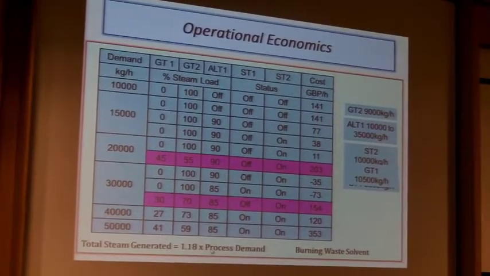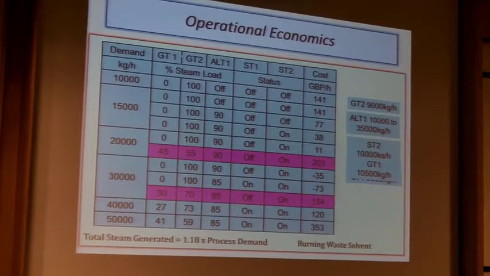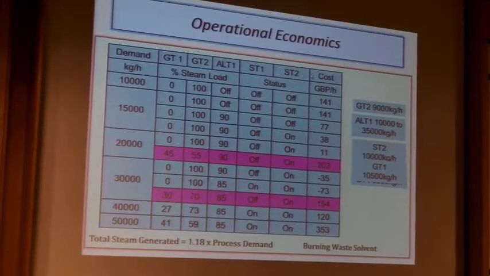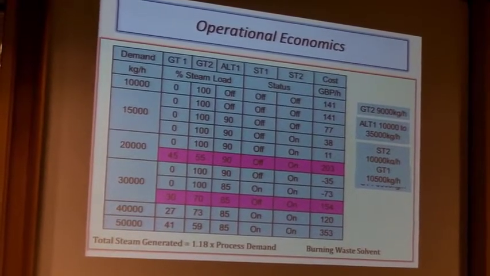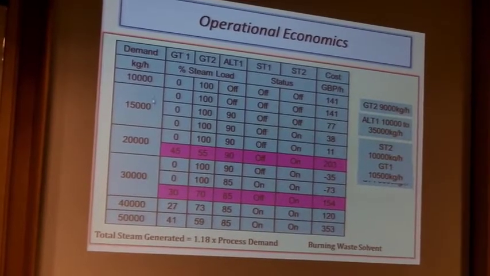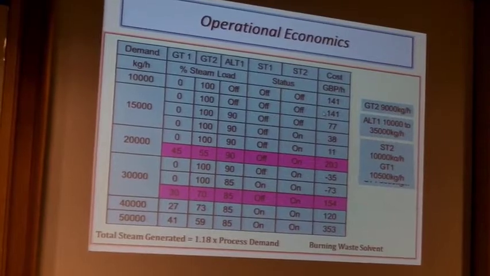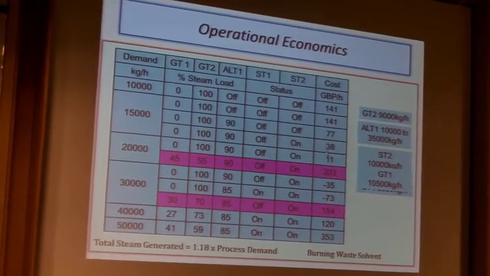That's an example of the various, so these are the various gas turbines. This is the alternator, these are the steam turbines, and these are the various costs. So at low demand, it's costing £141 an hour for 10,000 hours steam, and at £15,000 an hour, depending on which ones he's running, you see the change, 141 down to 11.